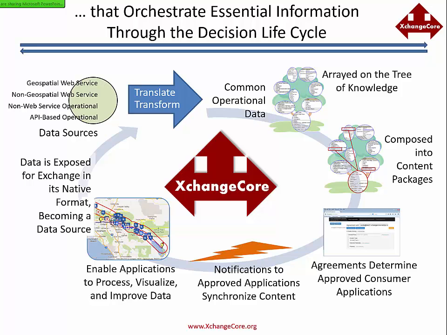So the next organization is able to bring that data to bear on their decisions throughout the entire life cycle of that incident. That's what XchangeCore does for you in essence.